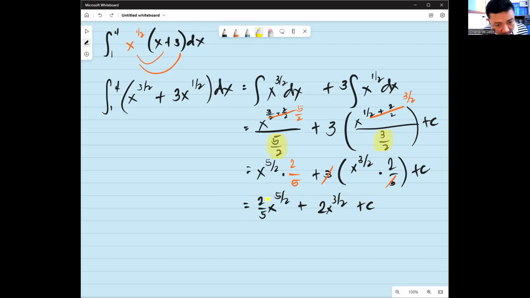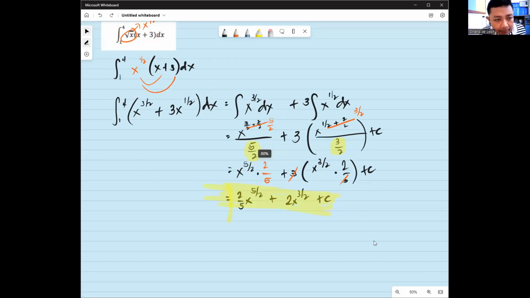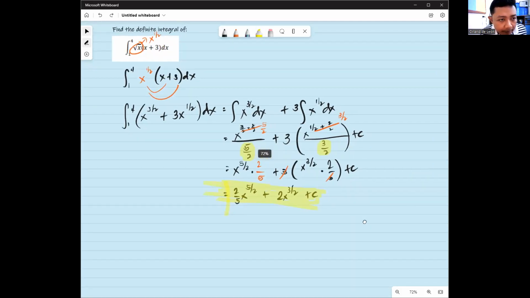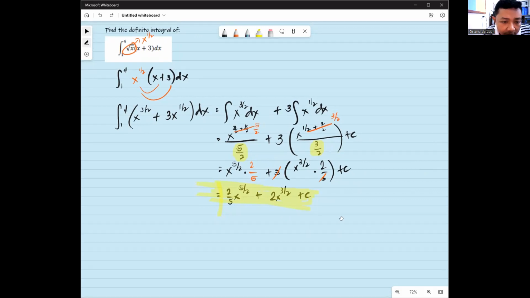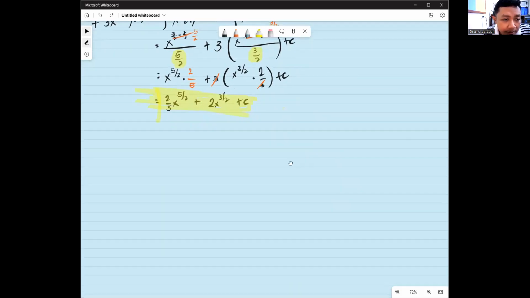Now, after that, let's apply our definite integral. How do we apply that? We use this integral and get the boundaries without the c, of course.